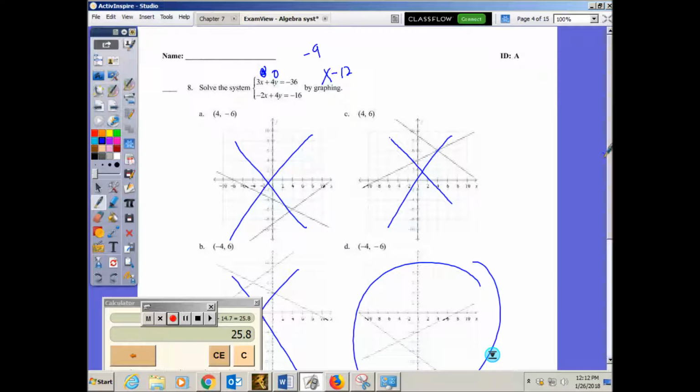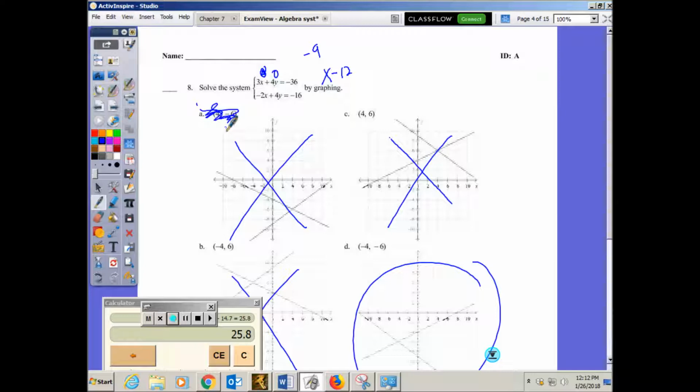Could you have also done guess and check? 3 times 4 is 12 plus -24. Is 12 plus -24 -36? No. 3 times 4 is 12. 4 times 6 is 24.